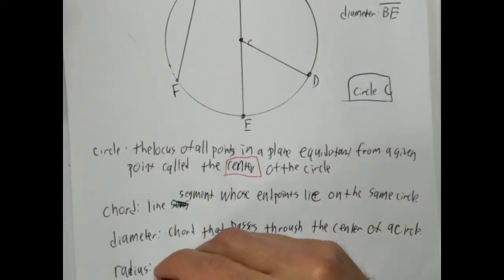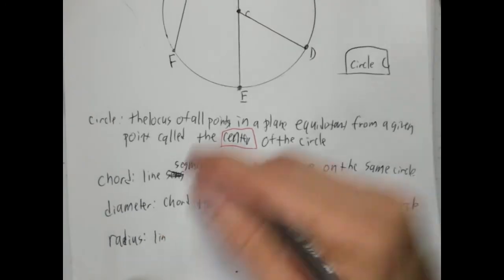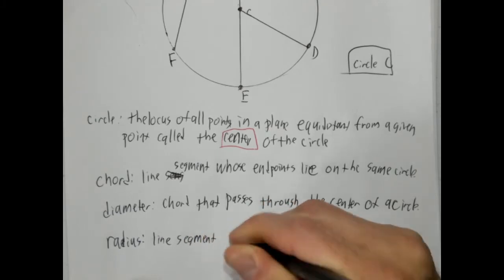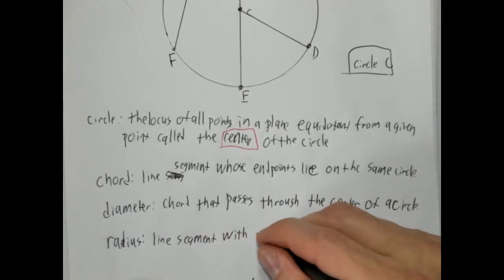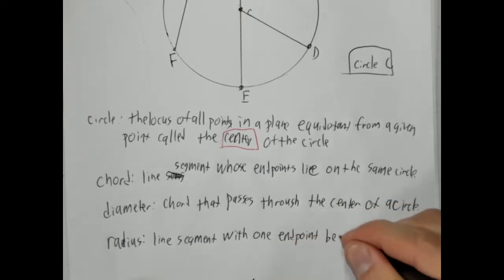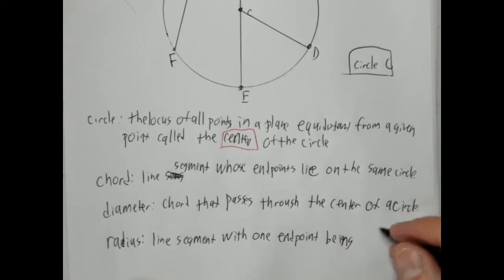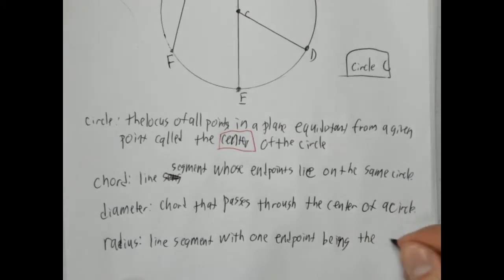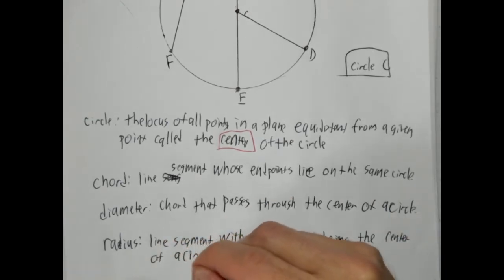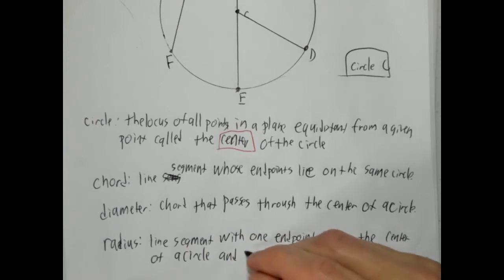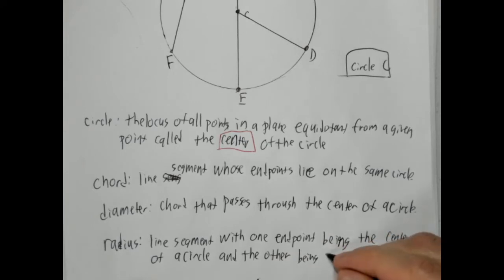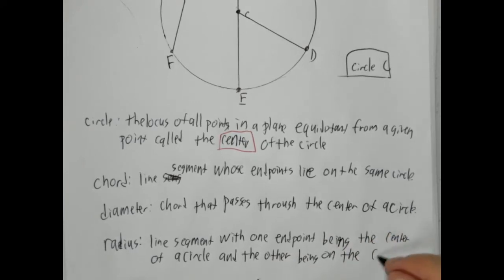So a radius is a line segment with one endpoint being the center of a circle and the other being on the circle itself.